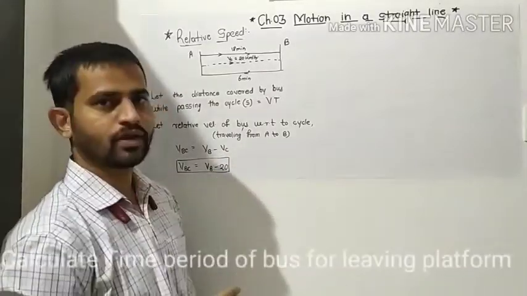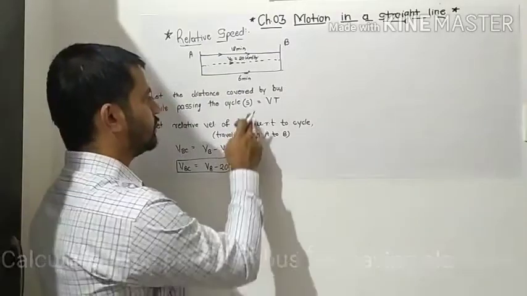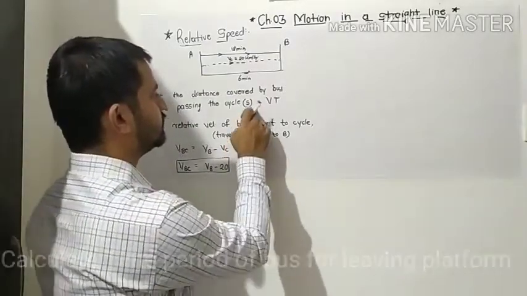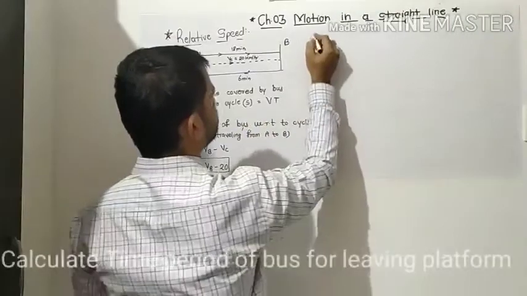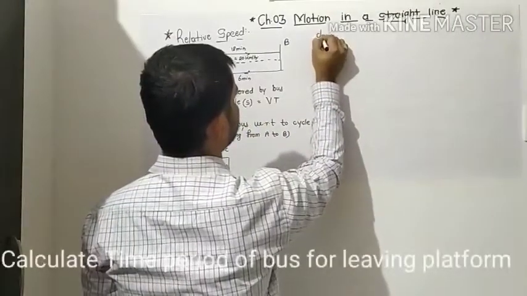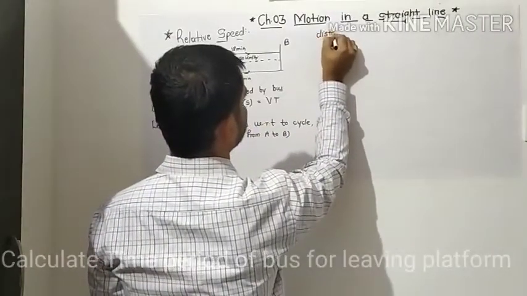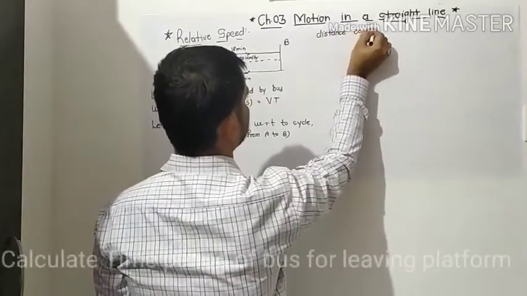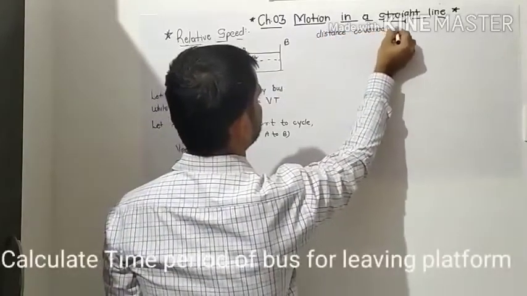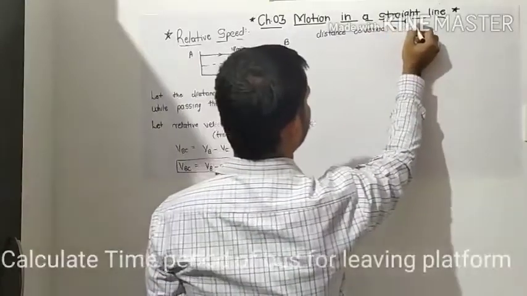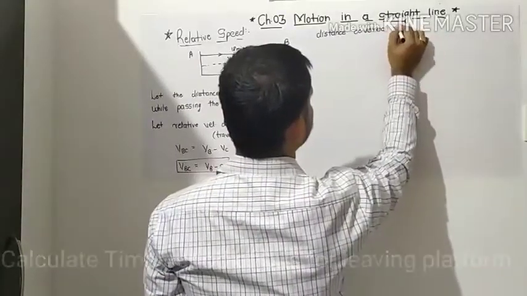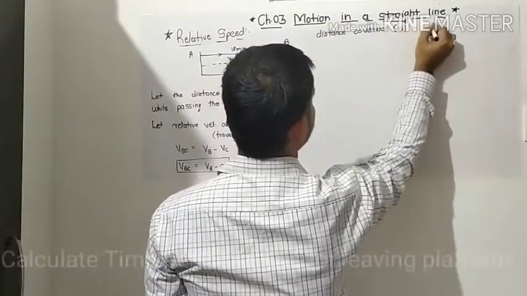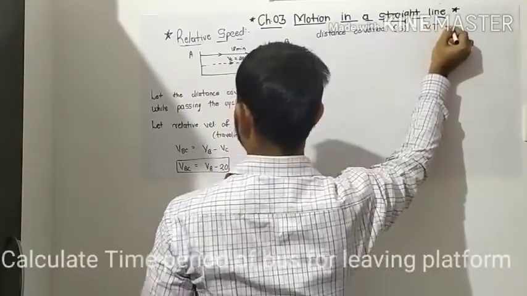Now we have to find out this distance. When the distance covered is equal to S is equal to V into T, what is the velocity?